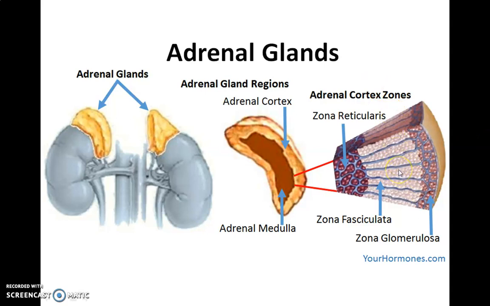This is the middle zone, zona fasciculata, which secretes glucocorticoids and which regulate the carbohydrate and protein metabolism of the body. Innermost zone is the zona reticularis. It secretes sex hormones, androgen or the estrogen, C19 steroid, which regulate secondary sex characters in conjunction with the gonads.